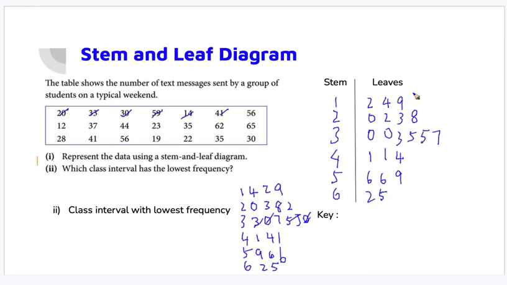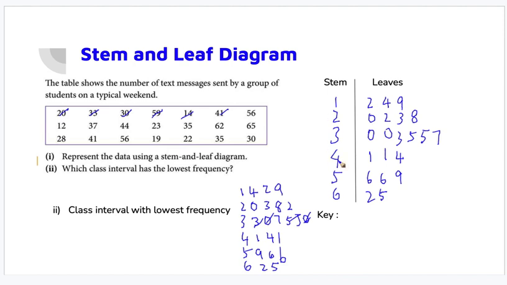Right, now it is important to take note of how many are there. Here we have 3 times 7, which is 21 numbers. So we must have 21 numbers here. Right, so we have 3, 4, 7, 8, 9, 10, 11, 12, 13, 14, 15, 16, 17, 18, 19, 20, 21. Okay.